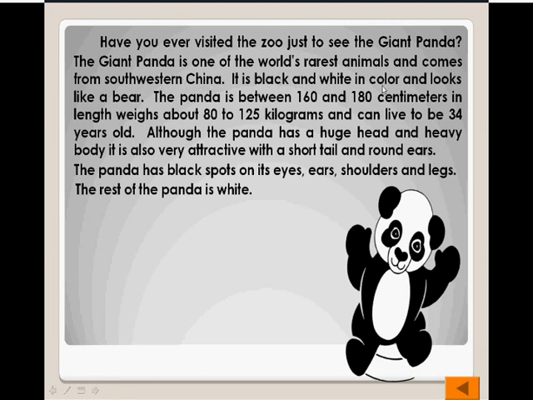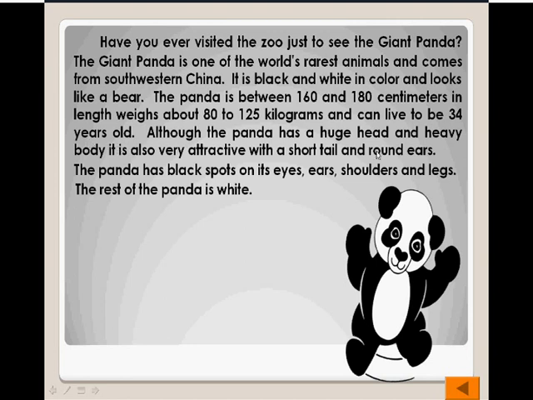And then the description: what does it look like? It's black, it's white, and it looks like a bear. And again, it's 160 to 180 centimeters in length and weighs about 80 to 120 kilograms. Again, this is all description, and it can live to be 34 years old.